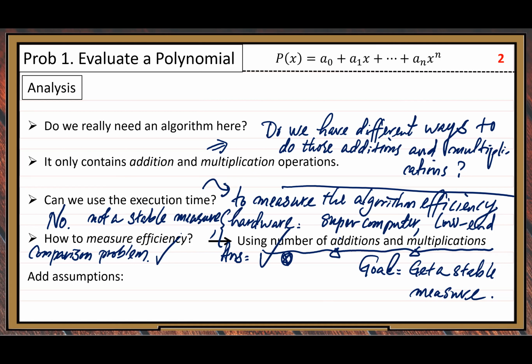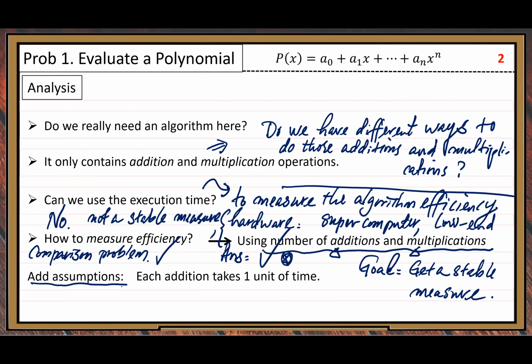Not to our users, probably, because users may not care about that number, but to ourselves. We care about that number. So here we need to add some reasonable assumptions. Here I make an assumption like this: each addition takes 1 unit of time.